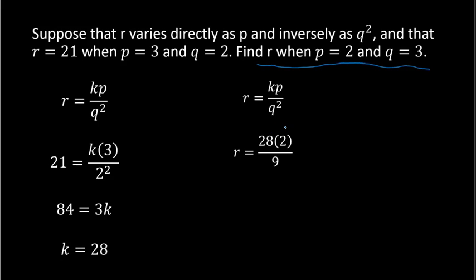So I have 28 times 2 divided by 3 squared, which is 9 for the bottom. Well, 28 times 2 is 56. So I have 56 divided by 9, which you could divide and get 6 with a remainder of 2. So I can write that as 6 and 2 ninths. So my answer is r equals 6 and 2 ninths.